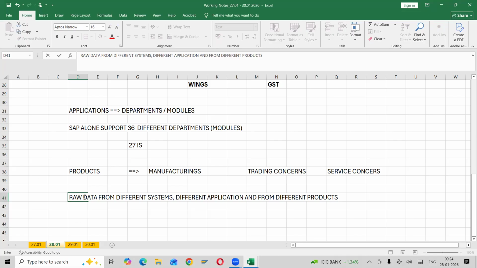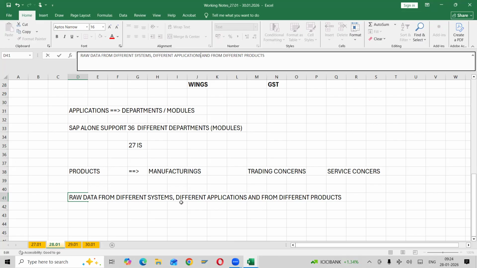If you post an invoice, it will take that invoice data, from whatever system, it could be your Oracle, or Tally, or Focus, or SAP. From different applications, whatever the department, you have posted invoices in the finance department, controlling, HR, production, or marketing department. The entire data it will take, and from different products, it could be real estate, a joint venture, a service sector, banking, or any manufacturing.